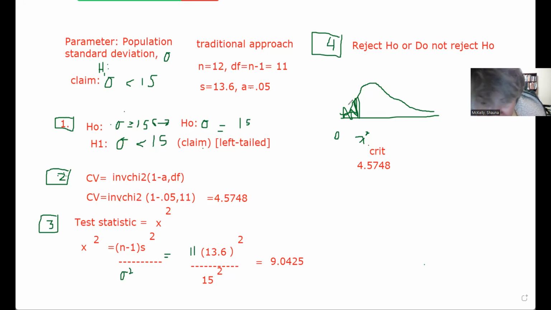Your test statistic is 9.0425. I don't know exactly where that is, but I do know that it's beyond 4.5. So maybe it's here. I don't really care exactly where it is. The point is it's not in this green region.